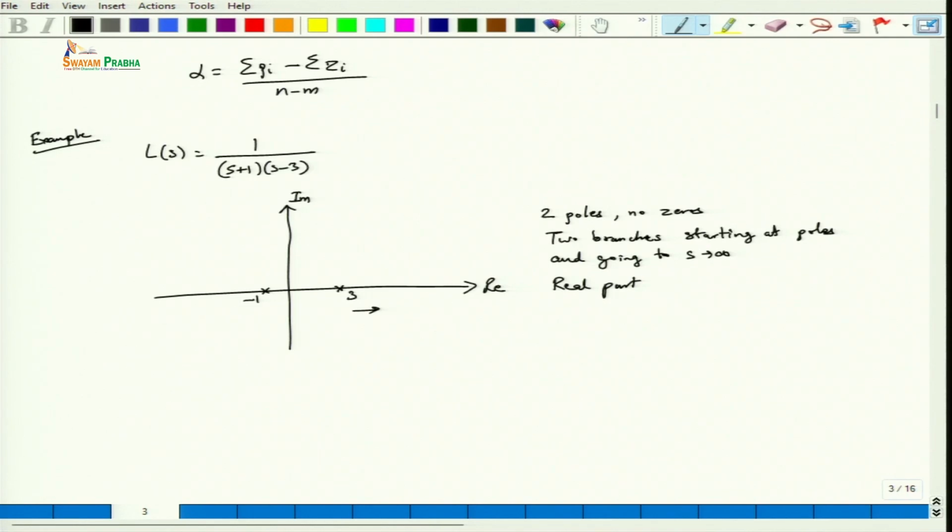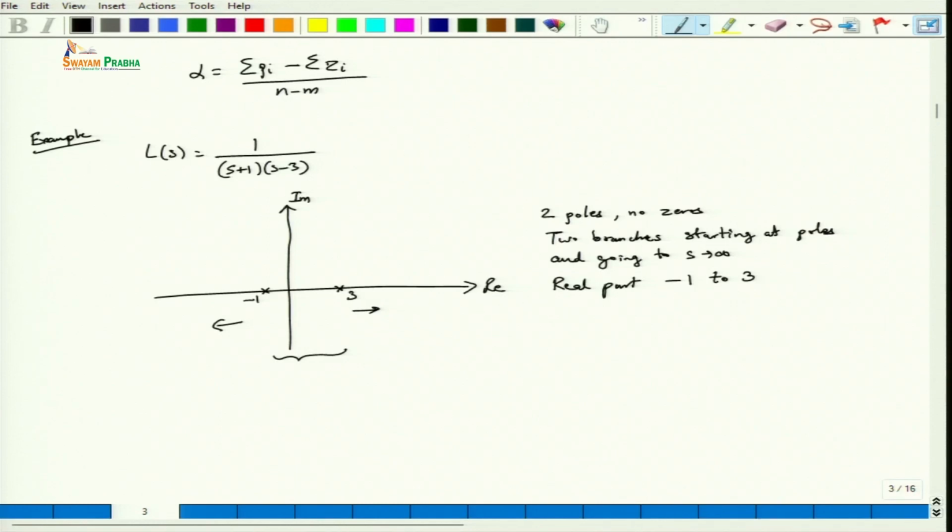Whereas if you are between -1 and 3, you will have an odd number of poles, so this part from -1 to 3 will be covered. And if you go beyond -1 on this side, there is an even number of poles on the right hand side, so you are not going to cover that part. The only part covered as part of the root loci is from -1 to 3.